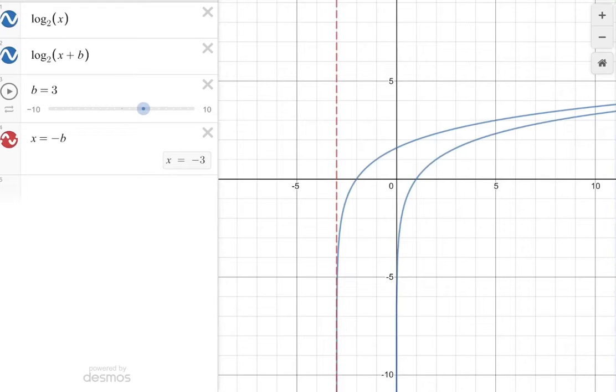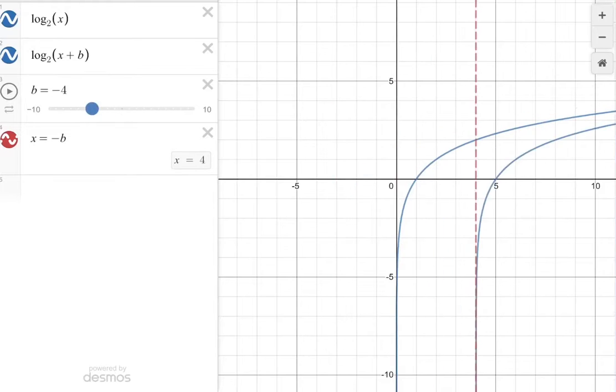But now let's see if we shifted the function over, let's say 3 spaces. If we shifted it over 3 spaces, the vertical asymptote now shifts as well. The vertical asymptote is now at -3, and the domain is going from -3 to infinity. So shifting the function also shifts the vertical asymptote. And the same thing can be true if we shift the graph over to the right.